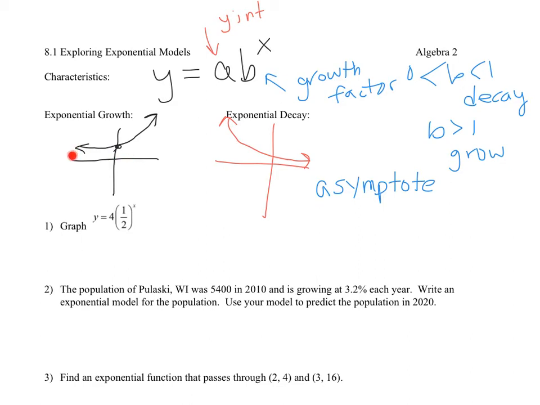So this one gets very close to crossing the x-axis, but it never does. An asymptote can either be vertical or horizontal, so it needs to be a linear equation too. In this case, the asymptote is going to be y equals 0, because it's not crossing the x-axis.